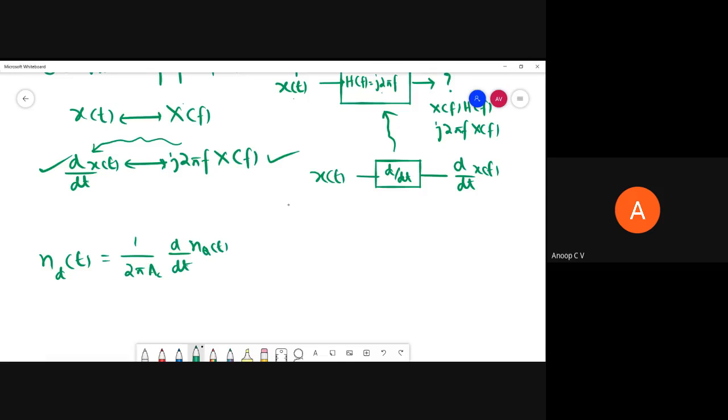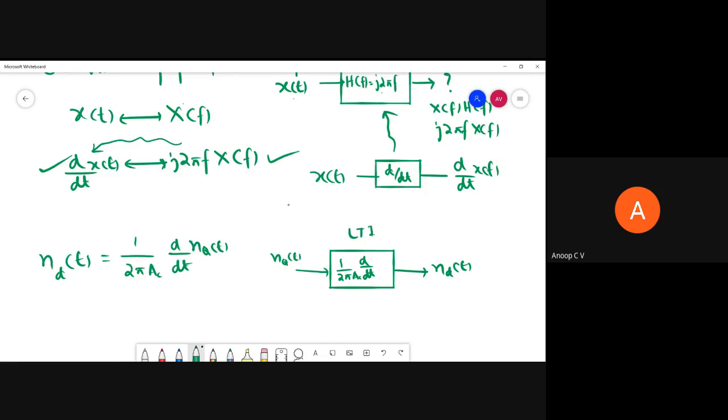Imagine I give this nq of t as input to an LTI system, and it gives me nd of t as output. Then h of t should perform 1 by 2 pi ac times d by dt.